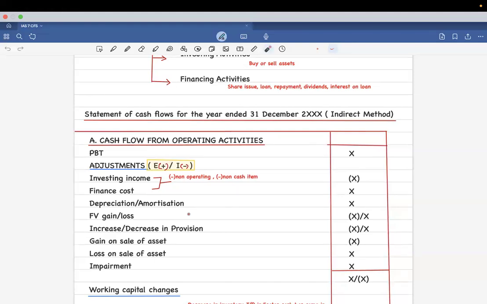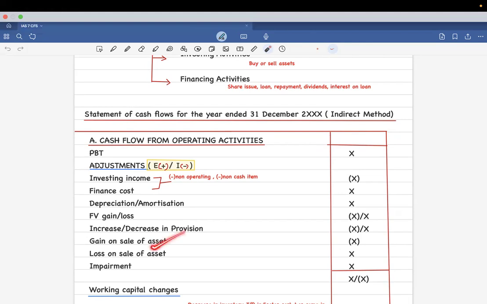The next is the fair value gain or loss. The reason that we are adjusting here is, A, it is not an operating activity, B, it should be in the investing activities, where together they take it in the proceeds. Next is any provision, that means any doubtful debt, any kind of provision that has been added in the current year should be reversed back because it's a non-cash item, just like depreciation.